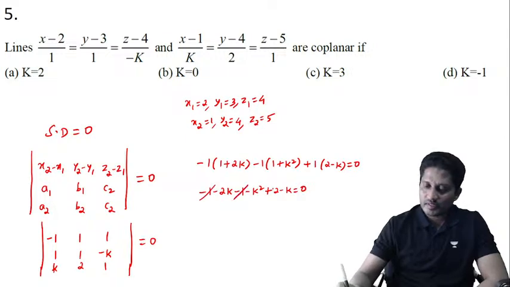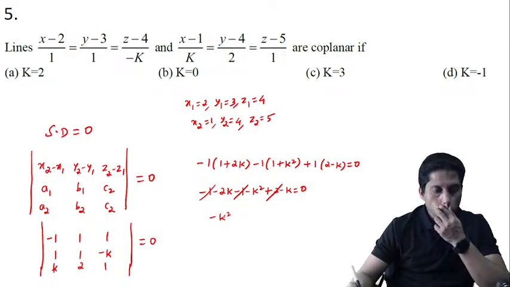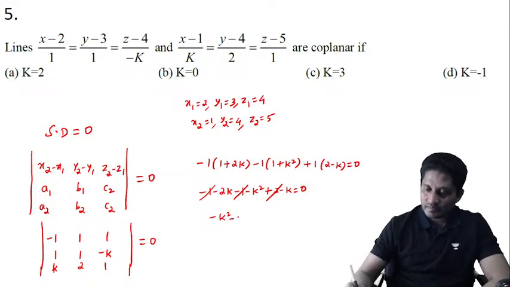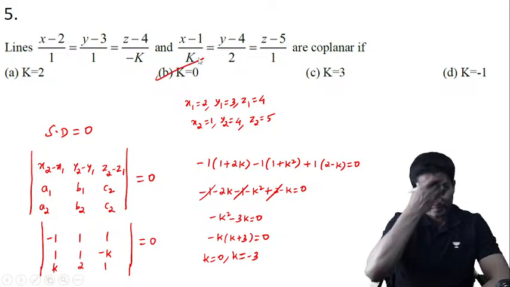Minus 1 will cancel with plus 2. Minus k square minus 3k equal to 0. Take minus k common, you get k plus 3 is equal to 0. You will get k is equal to 0, k is equal to minus 3. Minus 3 is not in the options. k equal to 0 is the answer.